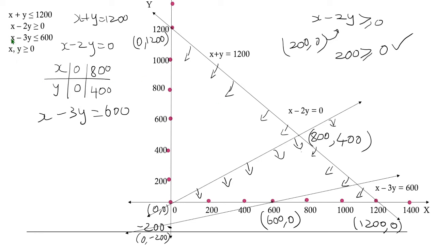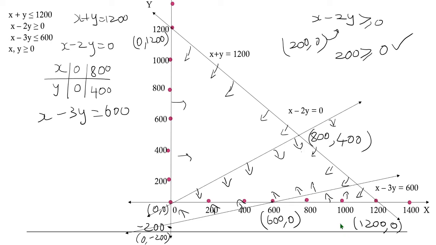The next inequality is x minus 3y less than or equal to 600. So the region corresponding to x minus 3y less than or equal to 600 is this part. The region corresponding to x and y greater than or equal to 0 is this part.